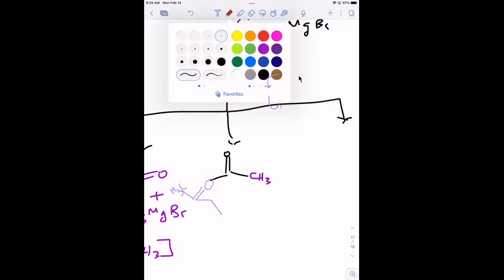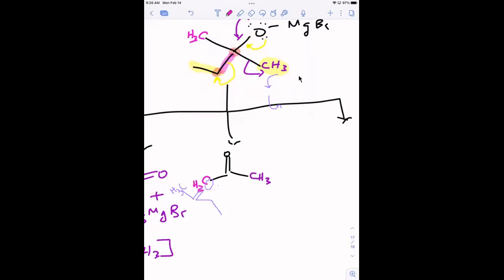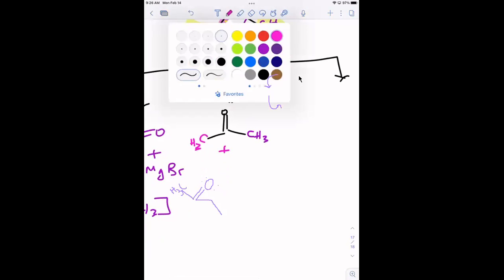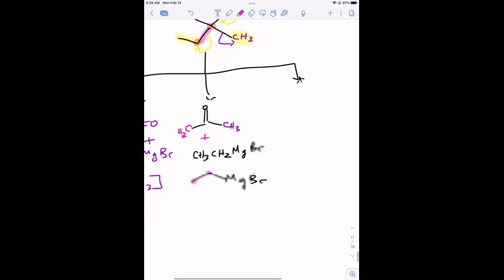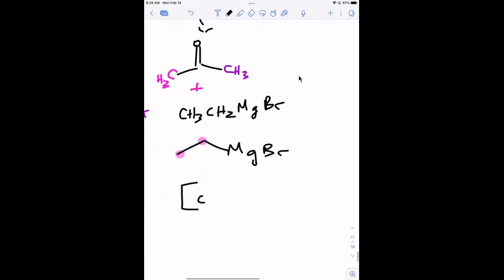And that's going to be plus the CH3CH2MgBr. I could also write that like this. Same thing, right? Because it's 2 carbons in that chain. Right, either way. But the Grignard itself is going to come from the loss of this group.